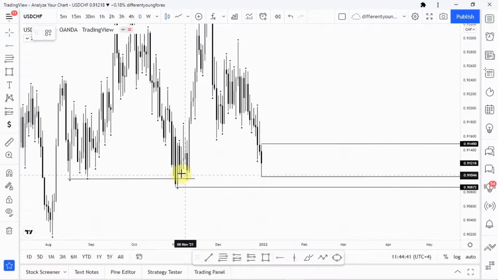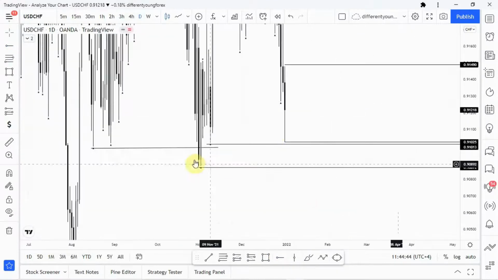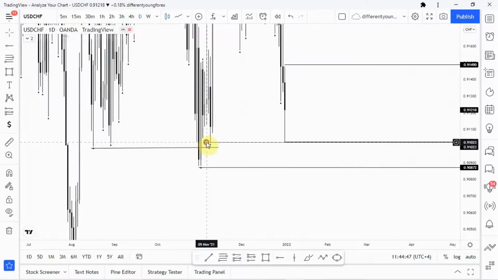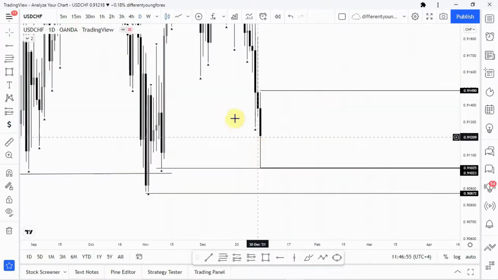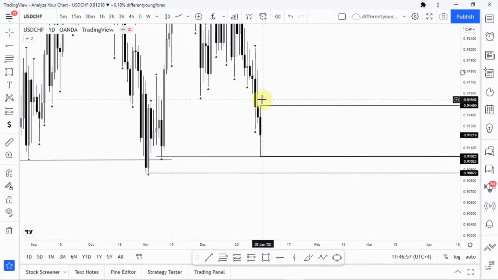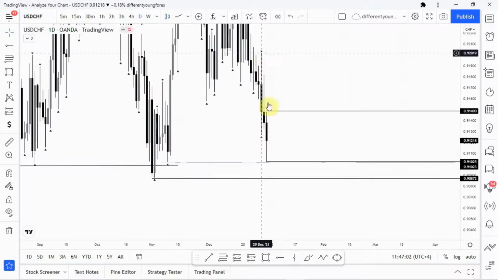As you can see here, this fractal low on the daily time frame has a double bottom. So with price approaching this double bottom, I expect price to continue with the overall flow, and the overall flow is, as you can see, bearish even on the daily time frame.